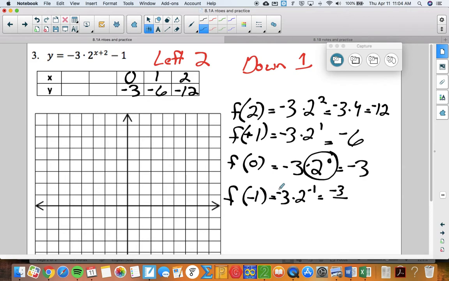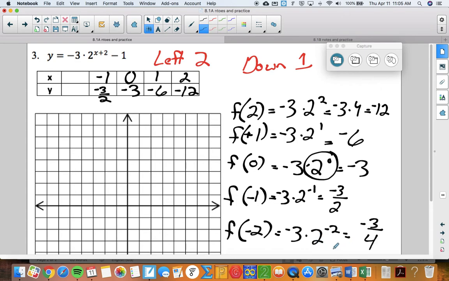This does not make it a traitor. This is just a negative number, folks. You've dealt with negative numbers for many years now. But the negative exponent sends things to the opposite side of the fraction bar and makes the exponent positive then. So we get -3/2. And then we get -3/4 because this becomes 2 to the +2 on the bottom.